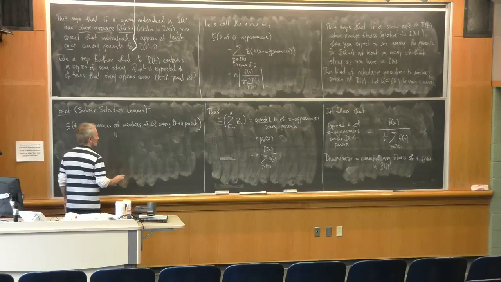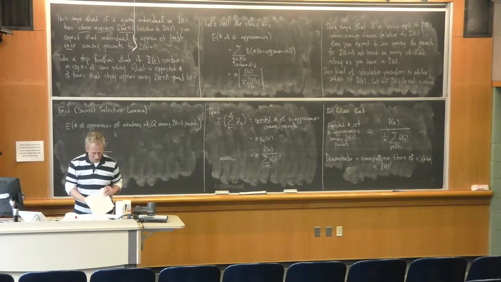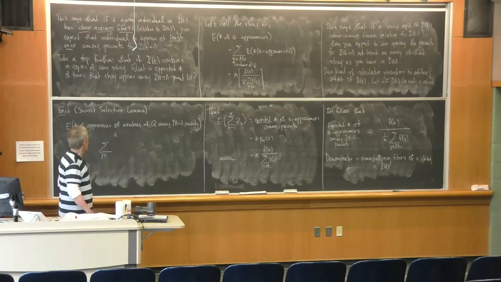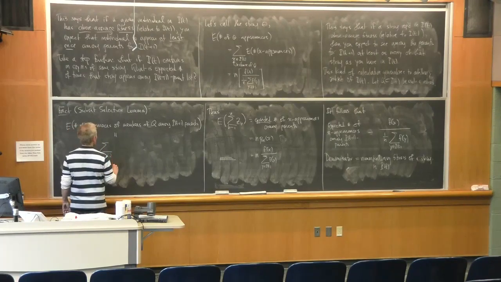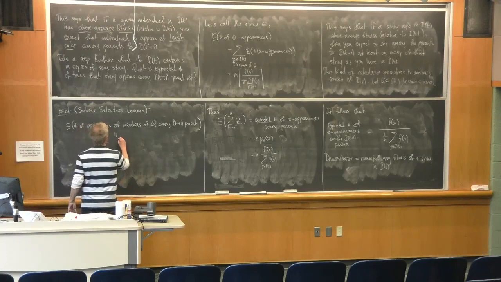It's going to be equal to the sum over y in Q of the expected number of appearances of y among the parents for the population at time t plus 1, which is going to be f of y divided by the sum over y in P of T of f of y.